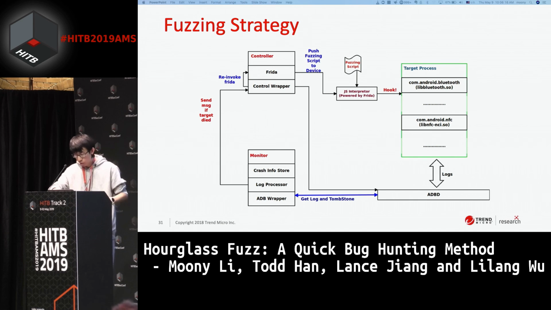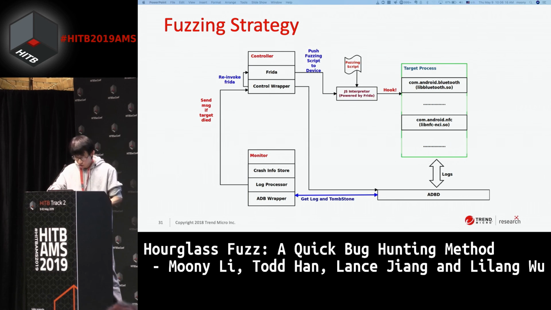So this is the overview of our core modules with the strategies we've talked about before. And the controller contains a fuzz client, wrapped with Python, which takes the responsibility to make sure that the target is being hooked and the fuzzing script is executed correctly.